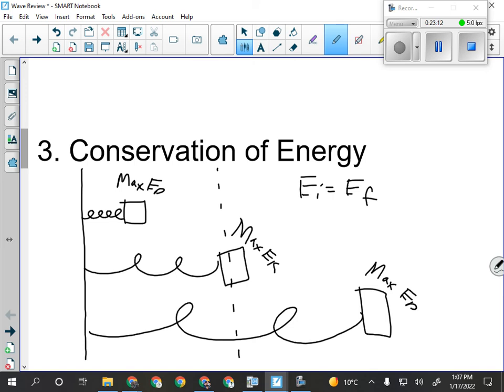So it's pretty straightforward. All right, so yeah, look, there's one of those on the test. In case you didn't get that from my previous statement, there's definitely one of those on your unit exam. And there's also a couple of multiple choice questions about energy in simple harmonic motion.